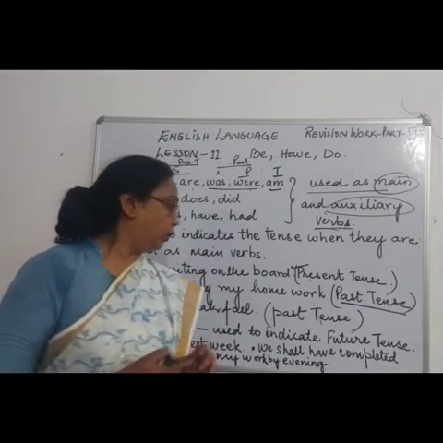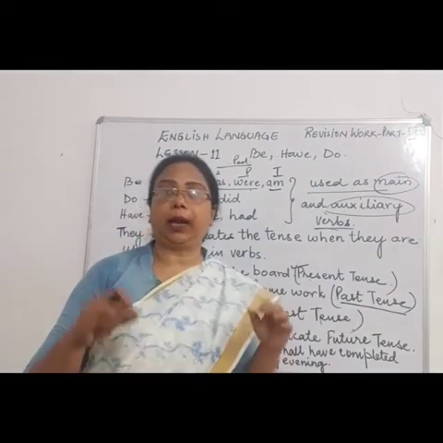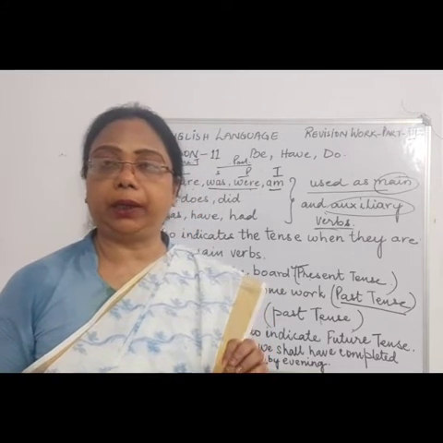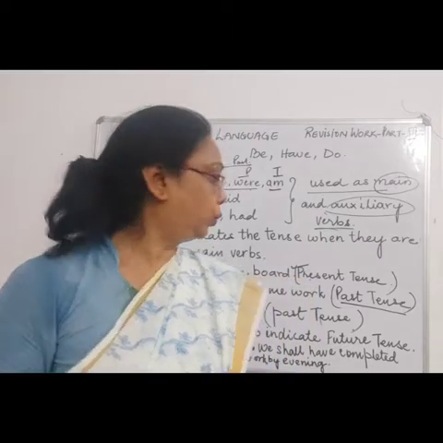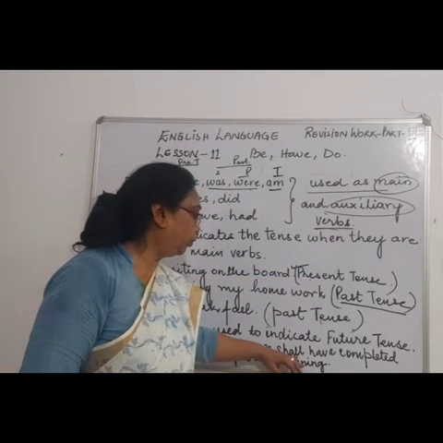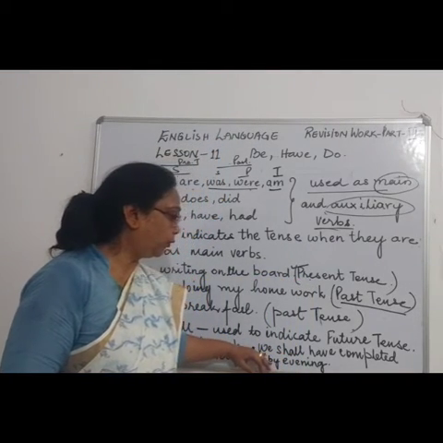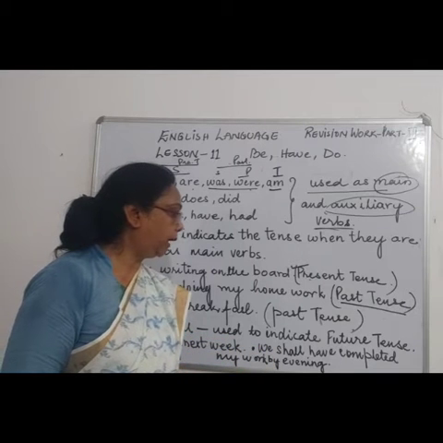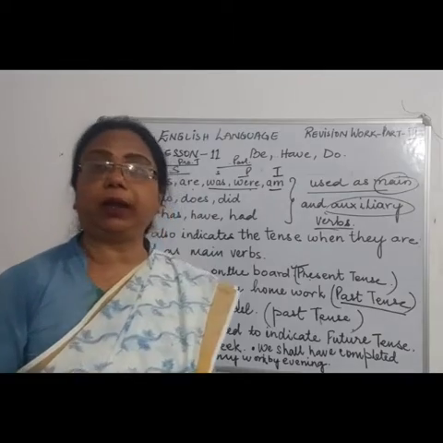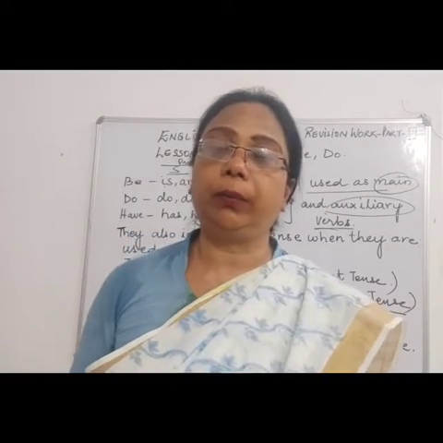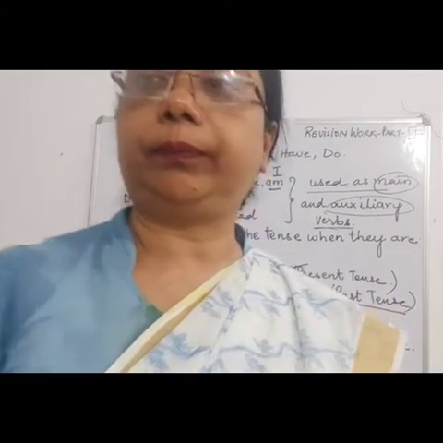So the work is not completed. The action has not been done up till yet, but I am generally informing you. So I have used shall because of the plural form. It is telling that by evening the work will be completed.